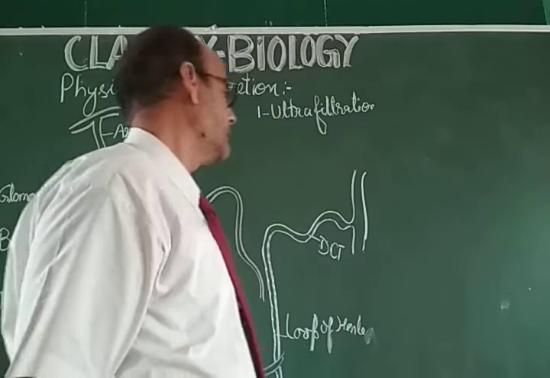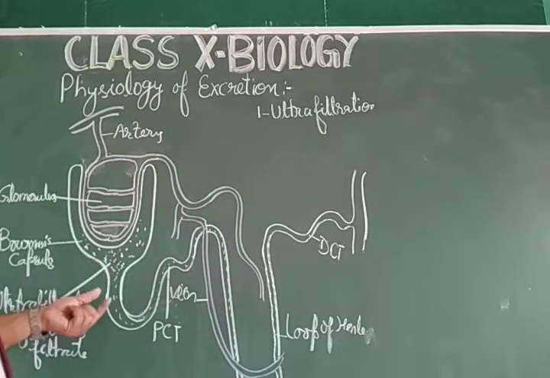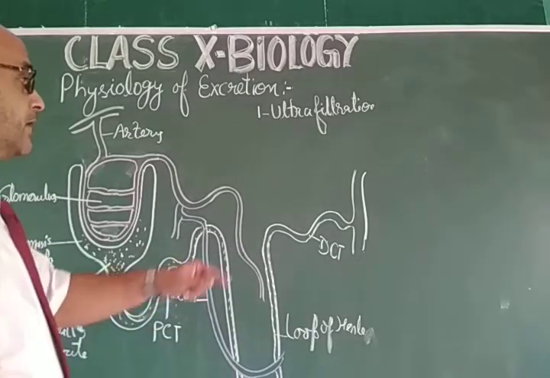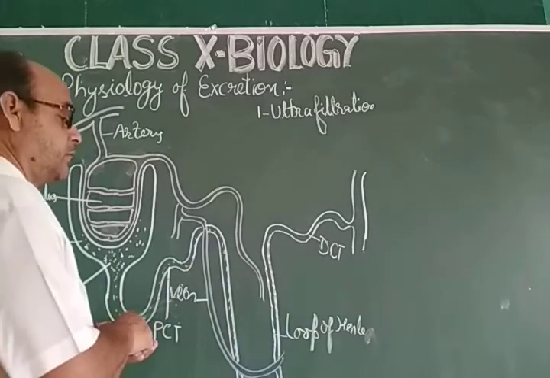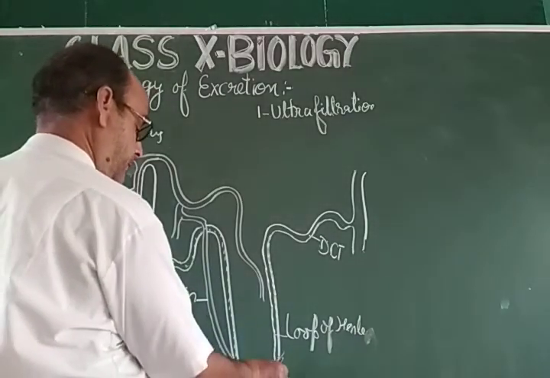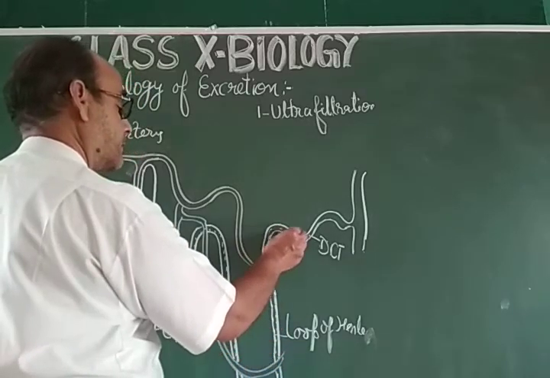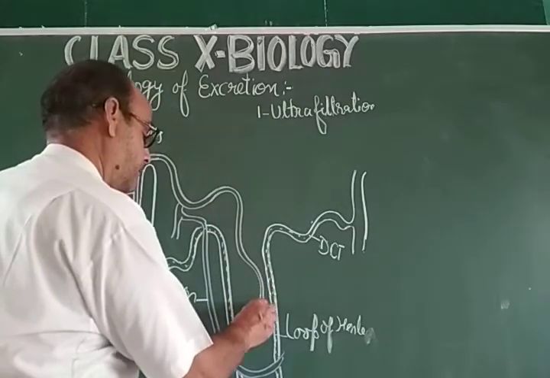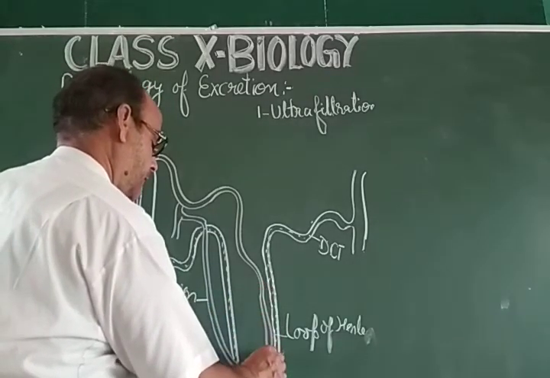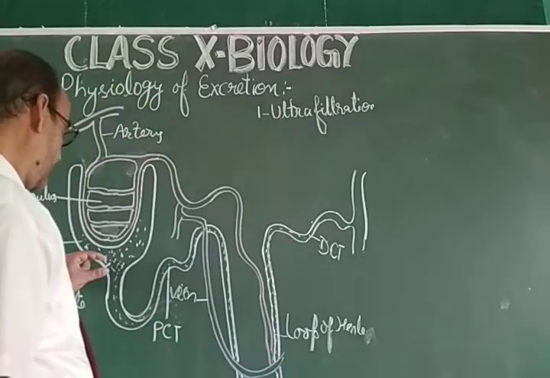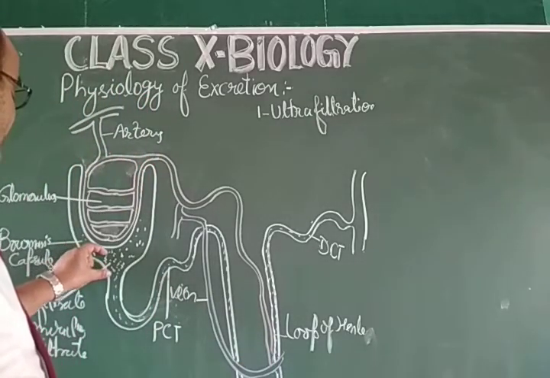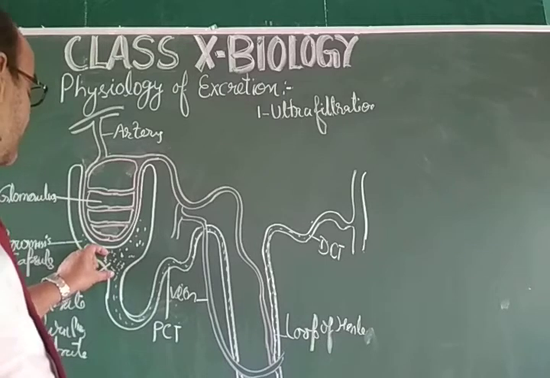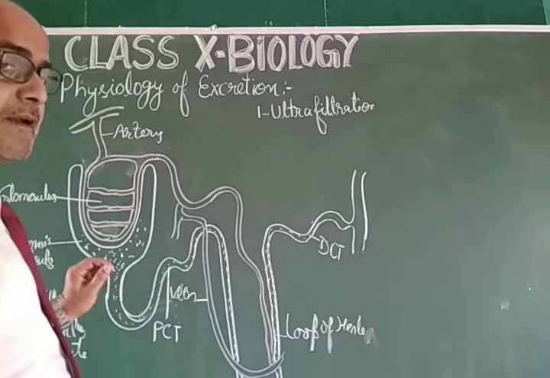So dear students, in this process, the ultrafiltrate or glomerular filtrate that is collected in this Bowman capsule runs throughout these kidney tubules, or nephric tubules, or uniferous tubules, you can use any name. My dear students, there is a problem of filtration of some important nutritional material into the glomerular filtrate.